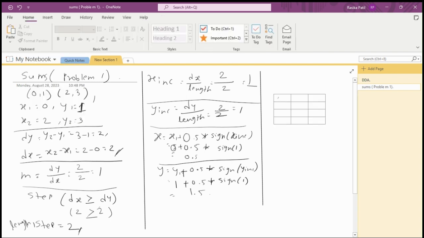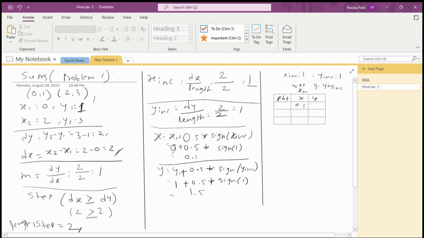So this is our plot, this is our x, this is our y. So x equals x plus x inc, and y equals y plus y inc. Here x inc is 1 and y inc is 1.